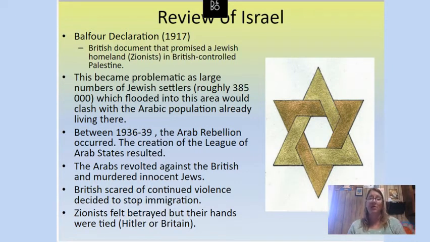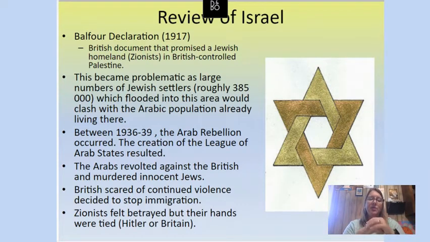So the Arabic population who's there, this causes Arab rebellions over the next 3 years, 1936 to '39, which then creates a group of the Arab states themselves. They band together to be allies and have a pact, and it's called the League of Arab States.